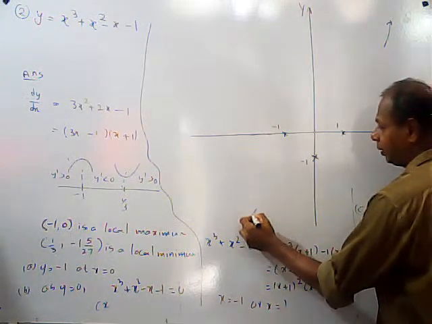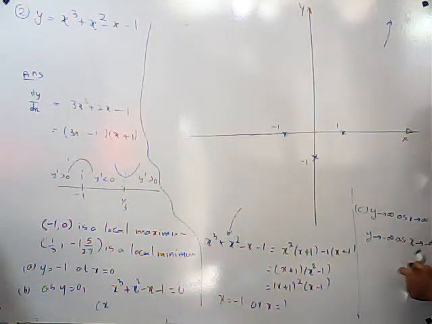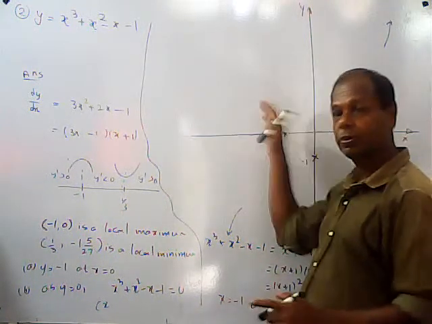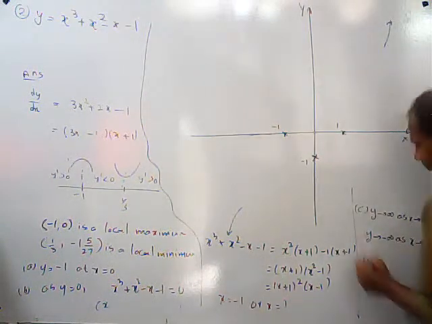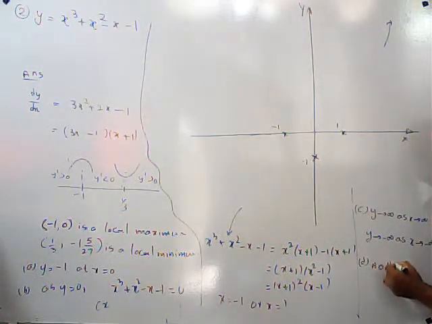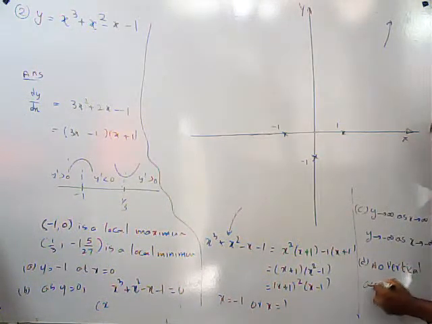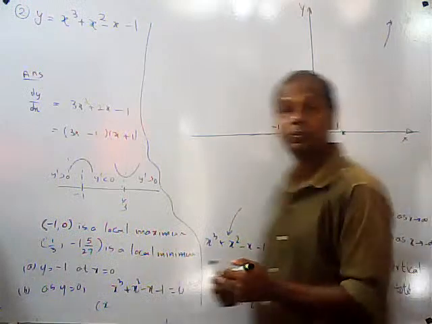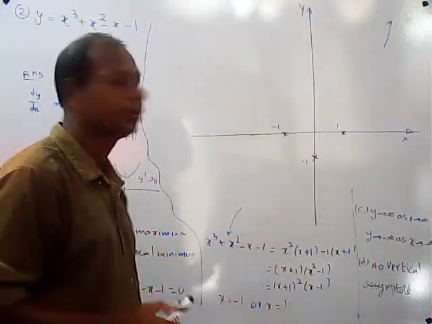Then part B, no horizontal asymptote, and there are no vertical asymptotes also. You don't have to write it, but because these are the first examples, I wrote it.